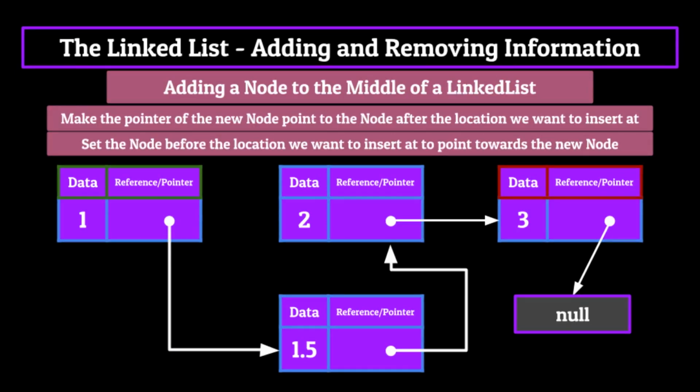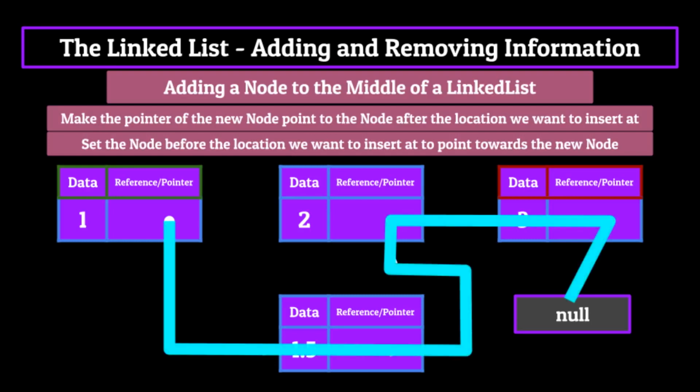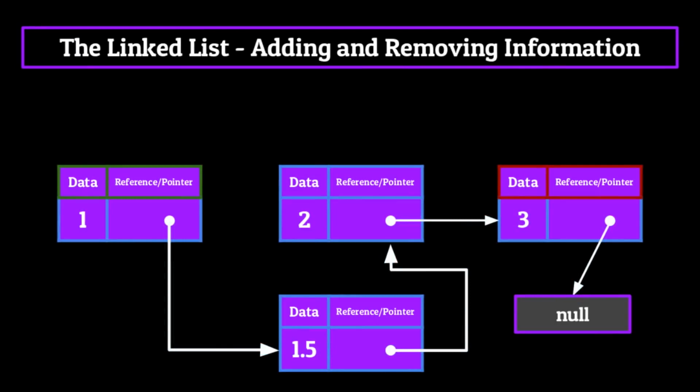By adjusting the pointers of the nodes before and after the location we want to insert at, we can strategically jam this node in the correct place without moving or modifying the entire list. As you can see now, we have a linked list of length 4 where the link has not been broken and is also still contiguous.